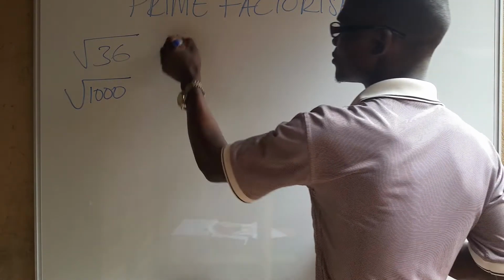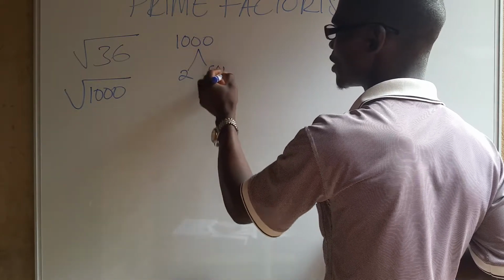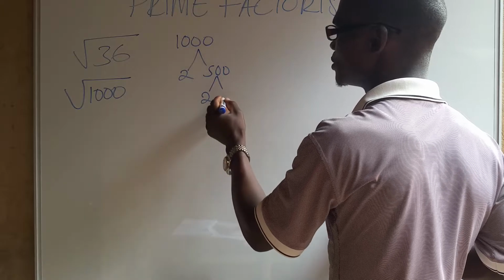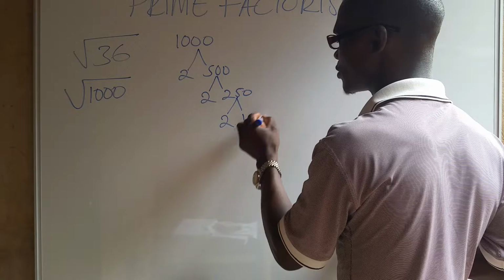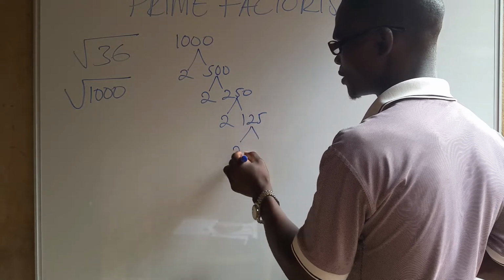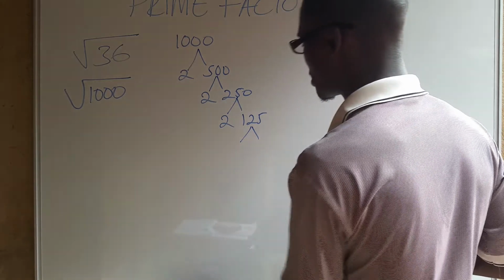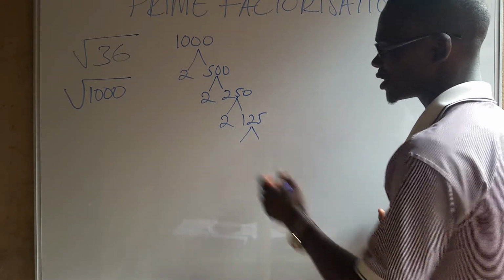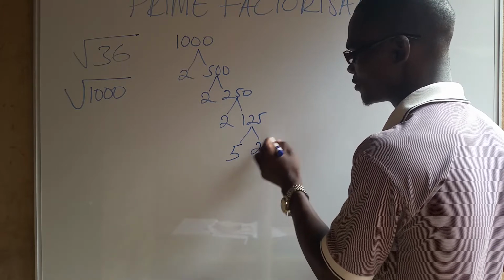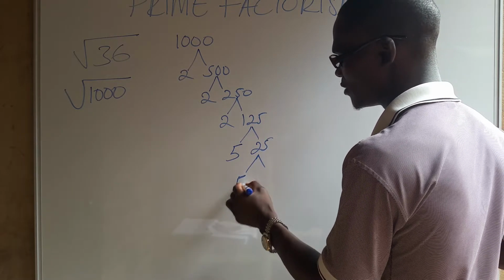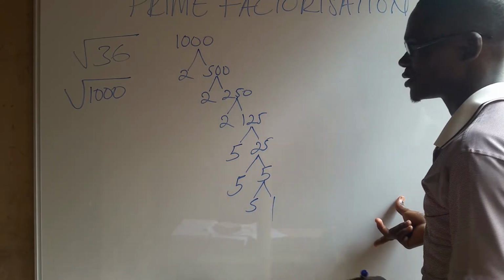We first factorize 1000: divided by 2 is 500, by 2 is 250, by 2 is 125. Sorry, we can no longer go by 2, and by 3 it cannot, so the next prime number we can use is 5, which gives 25, still by 5 gives us 5, and by 5 gives us 1.